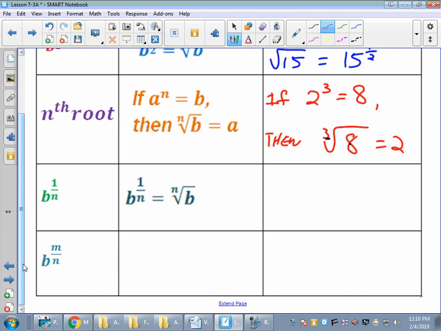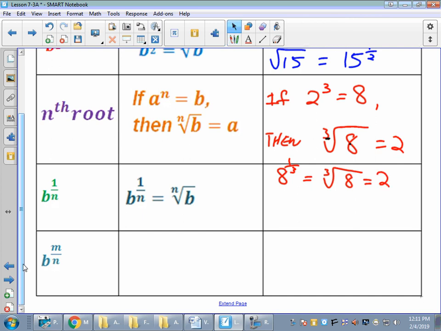So our example here would be, say, 8 to the 1/3 power. Rewrite that so it looks like it does up here. That would be the cube root. So that 3 would go in here, just like the 2 did with the square root. Now it's 1/3, so the 3 goes there. The cube root of 8 equals 2, because 2 times 2 times 2, 3 times, equals 8.